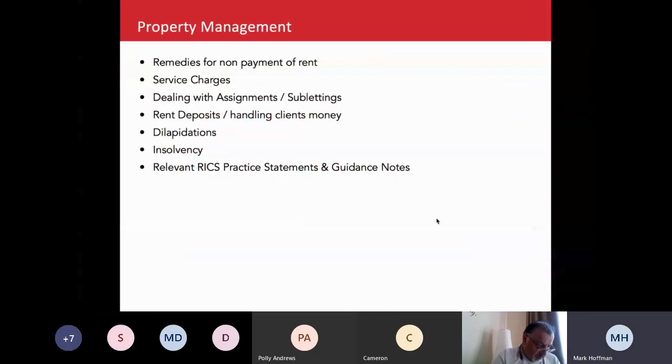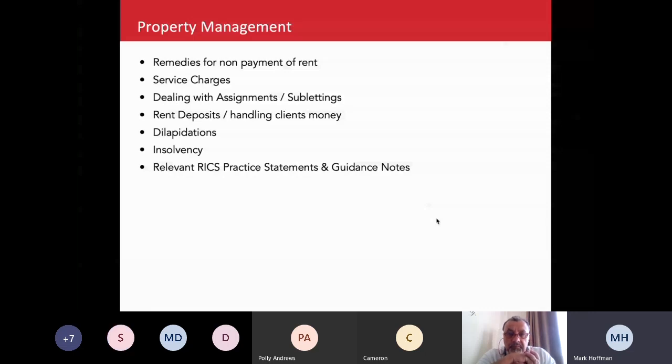Okay, so the purpose of the webcast this evening is to give you an overview of the property management competency. This is relevant to those doing property management, but also to those doing the commercial pathway, because there are lots of things here, such as service charges, assignments, sublettings and rent deposits that are applicable to everybody.